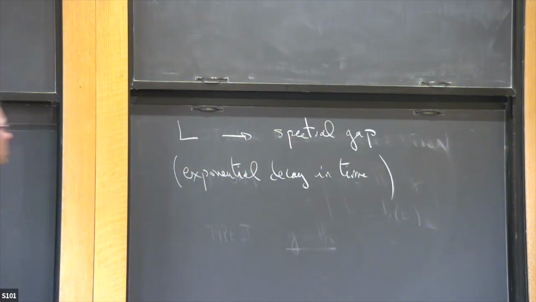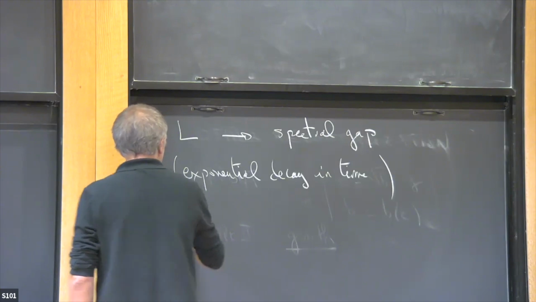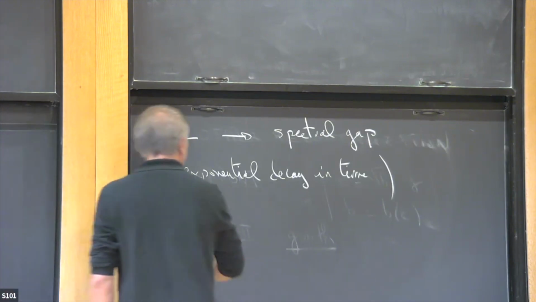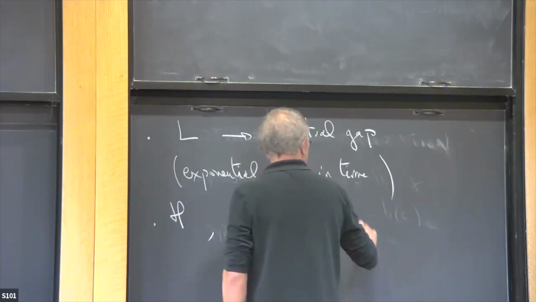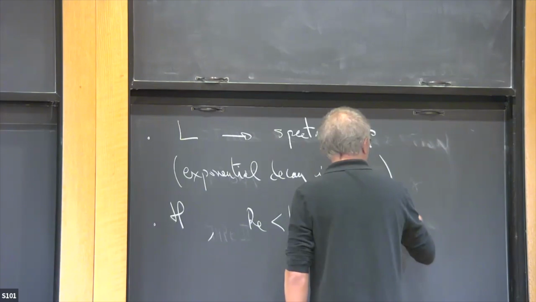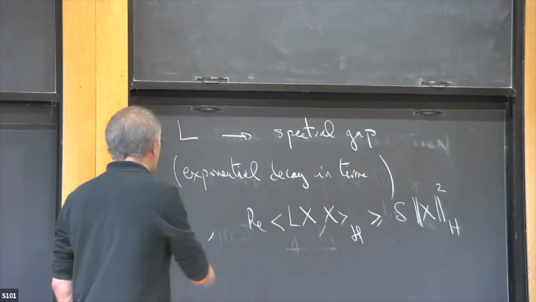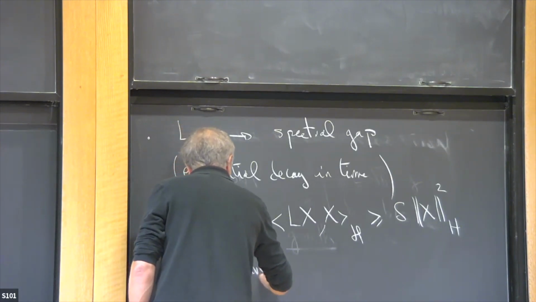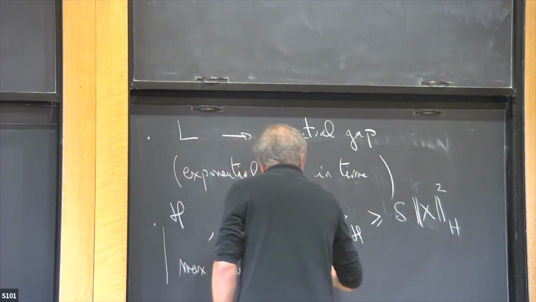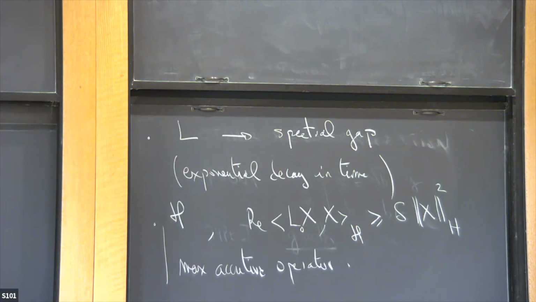And so there is a very natural class of operators. If you have a Hilbert space H, and if your operator happens to satisfy a condition of the type, real part of the inner product of Lx with x in your Hilbert space, control the constant times the norm, this is a so-called maximal accretive operator. And if you typically satisfy a condition like this, then it's automatic that you have exponential decay.